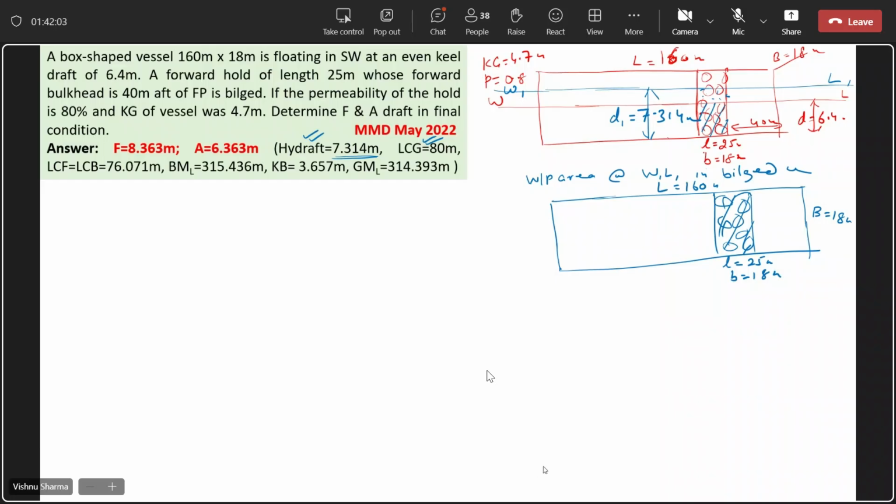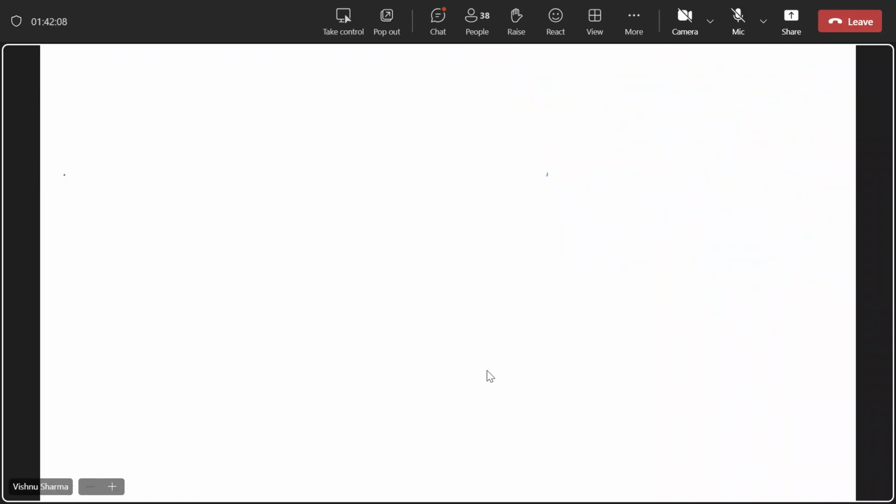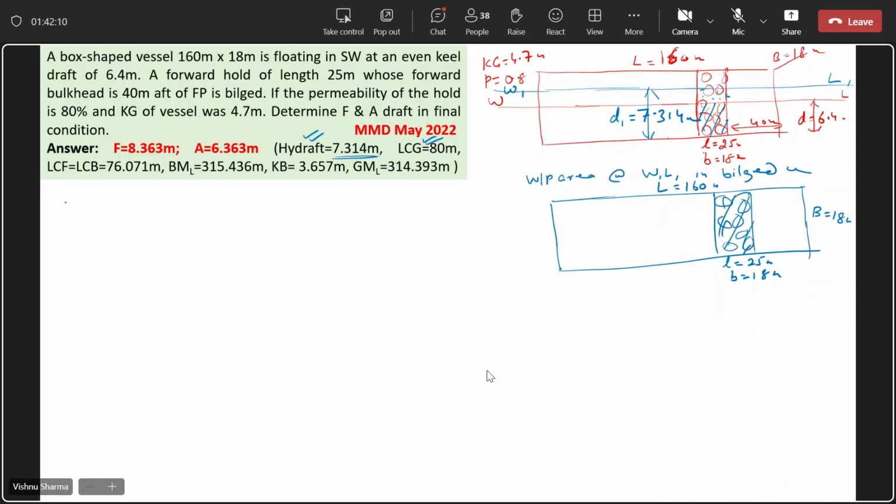If you don't want to write three expressions, you can write one. You can write like this. LCG final will be equal to LCG initial, which will be equal to LCB initial, which will be equal to L by 2, which is equal to 160 by 2, that is 80 meters.